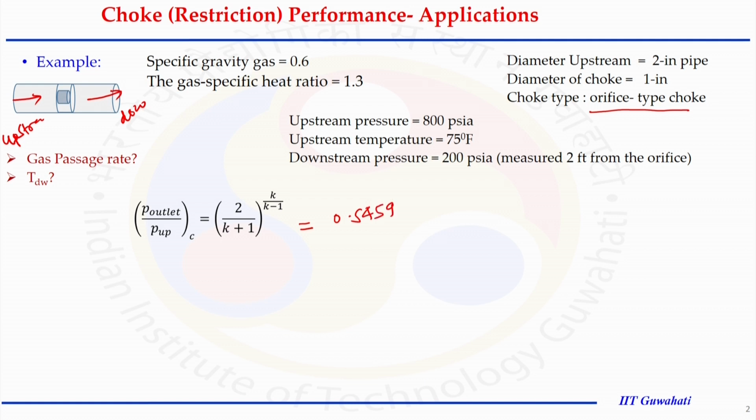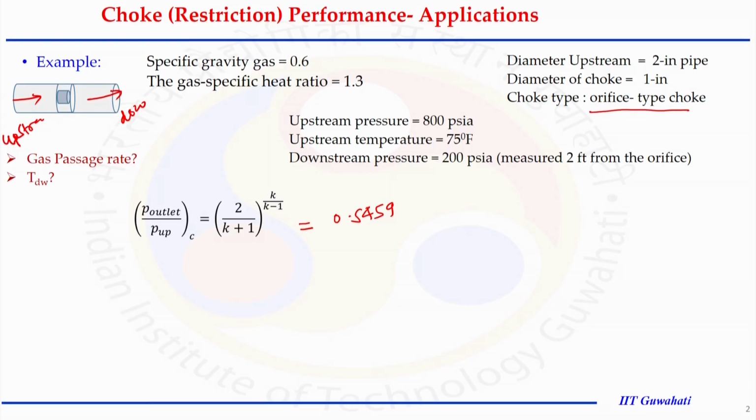What is the pressure ratio given to us? With the upstream and downstream values given, we can calculate the actual pressure ratio, downstream to upstream pressure. 200 psi is the downstream pressure and 800 psi is the upstream pressure. It comes out as 0.25.